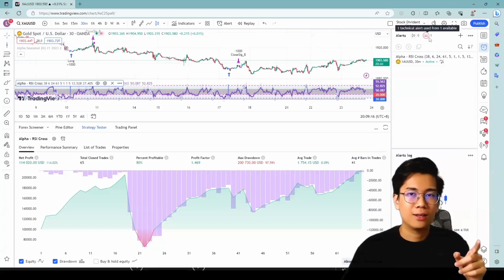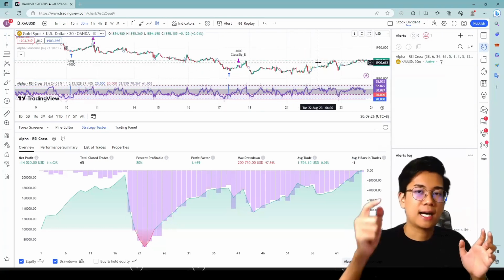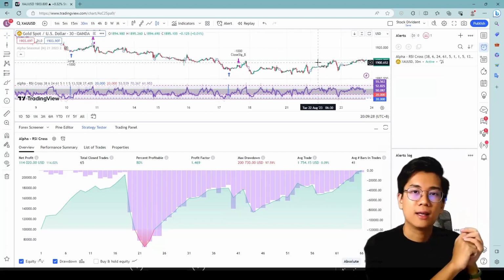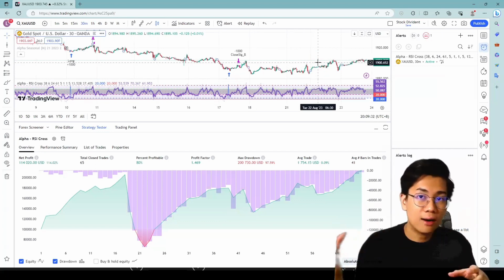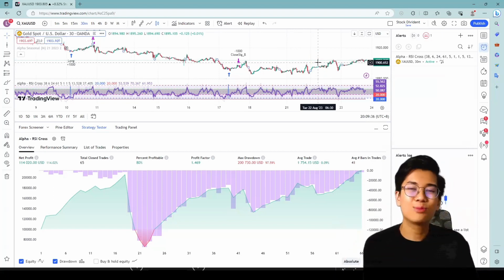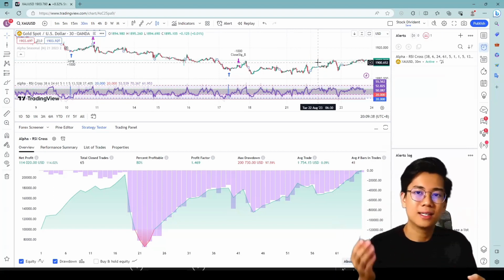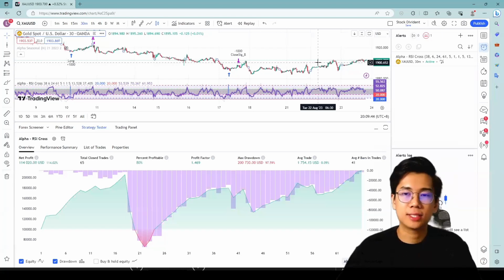As long as your phone is active and you have downloaded TradingView onto your phone, whenever there is a buy or sell signal, it will be sent directly to your phone. It will be very helpful for your trading. So even if you are outside, the signal comes to your phone directly: ding, time to buy, time to sell, and then you can take the trade accordingly. So that is a benefit of using TradingView.